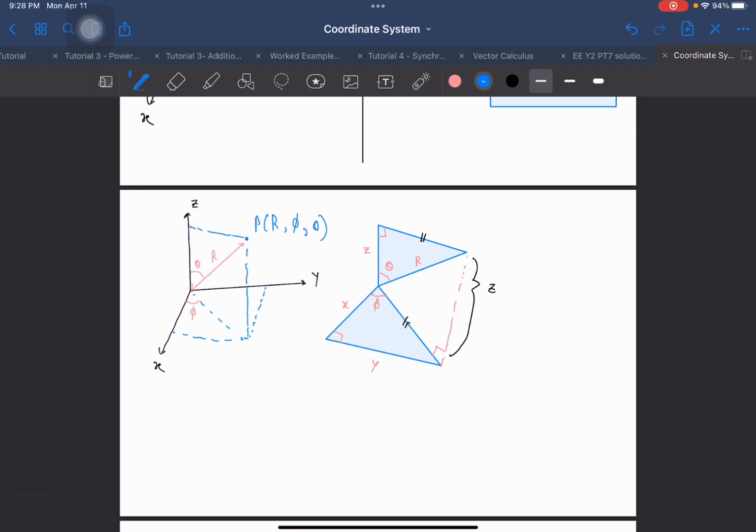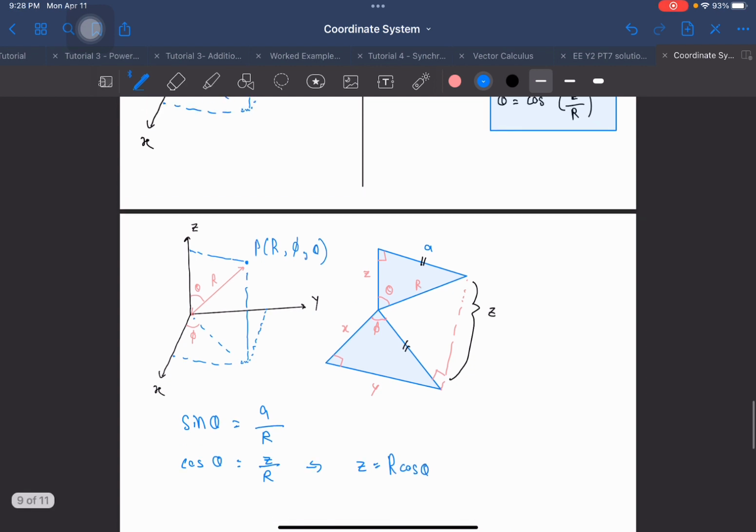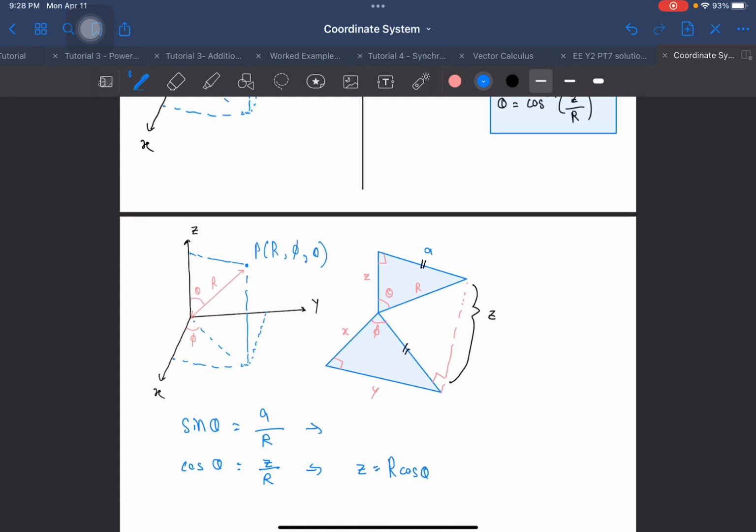So you've got sine theta equals opposite, this, which I call a, over r. Cos theta is z over r.